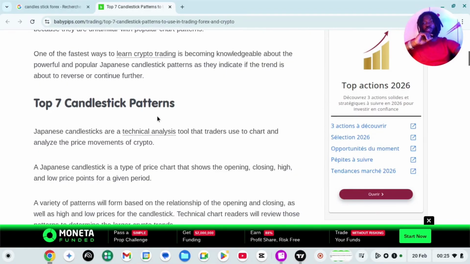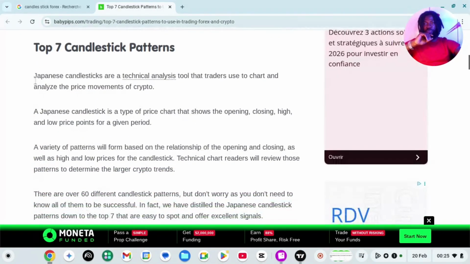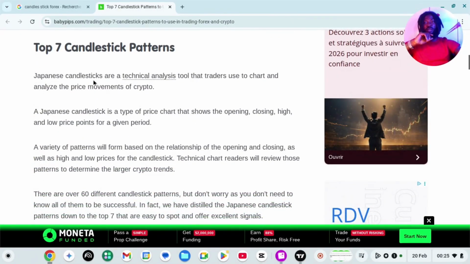Top 7 candlestick patterns. Japanese candlesticks are a technical analysis tool that traders use to chart and analyze the price movement of crypto. Mind you, not only in crypto, also in forex, futures, any trade.